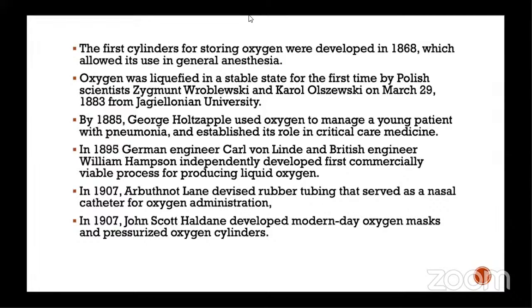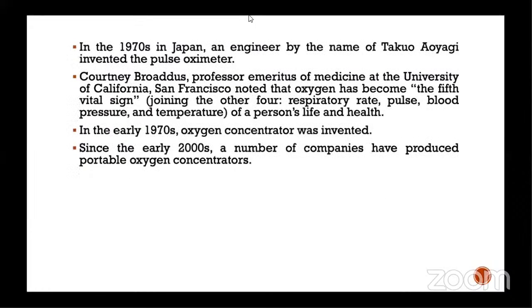Down to 1907, the nasal tubing was developed, and this has been modified in modern times as the nasal catheter used to deliver oxygen. Whereas John Scott Haldane in the same year also developed the modern-day oxygen mask and pressurized oxygen tank.